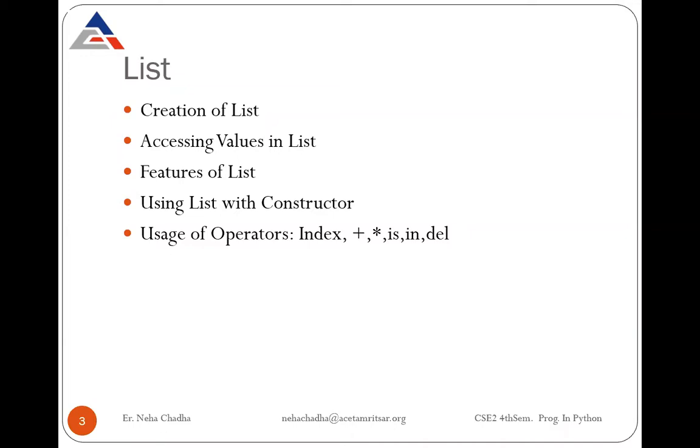This is not possible in the case of tuples. List is mutable and tuples are immutable. You must be clear about the words mutable and immutable. Which can be altered is considered mutable, and which cannot be altered is considered immutable.